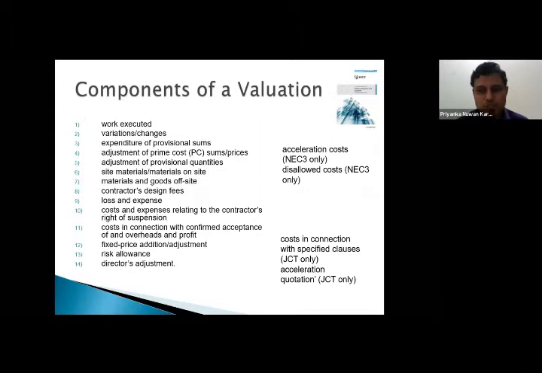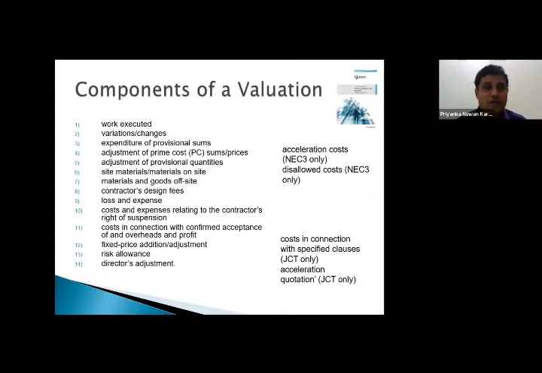As per NEC 4, about 23 compensation events are there. There are a few additions from NEC 3 to NEC 4. We are going to discuss that in the next session. That is why I put the word variations as changes. But since you are familiar with the FIDIC form of contract, I use the words variations / changes, right?